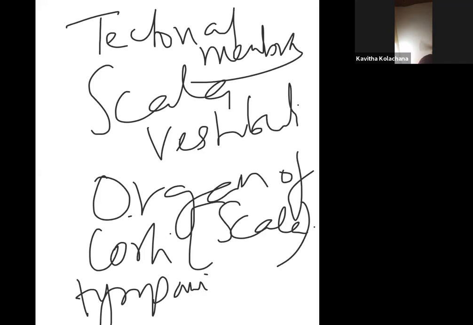What are the different functions of all these membranes when you look at the physiology? Why do you need to have so many membranes in the ear? Protection.